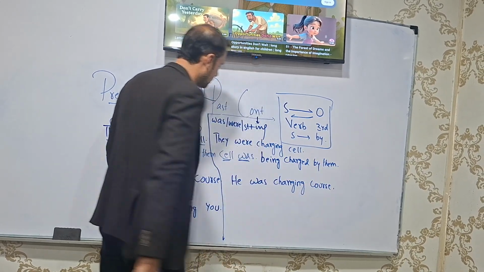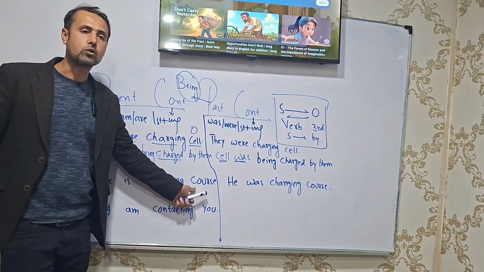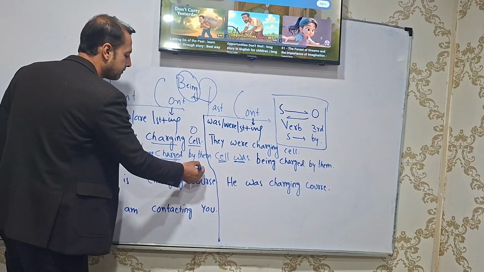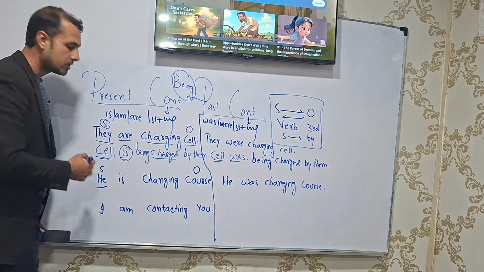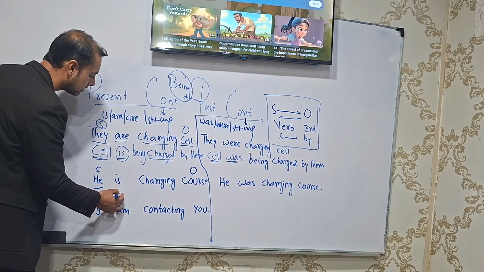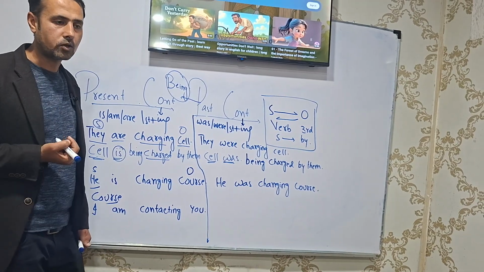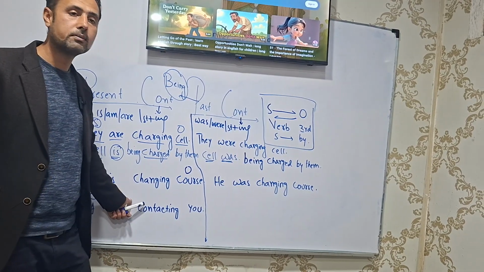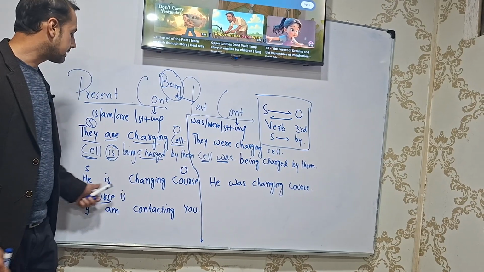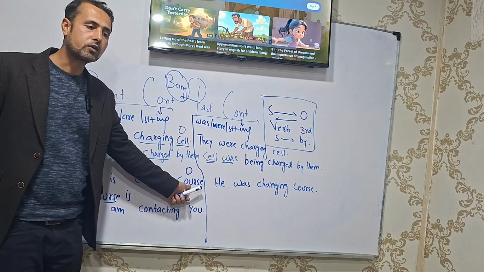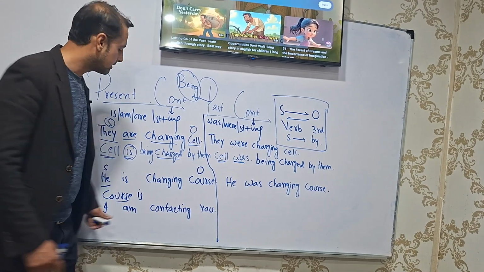And if you look towards the second sentence, he is changing course. So again, what we have, the object is course, he is the subject. So I am going to bring course before. Then we are talking about a single course. So which helping verb am I supposed to use? Here we would be having is. If it is singular, it is.